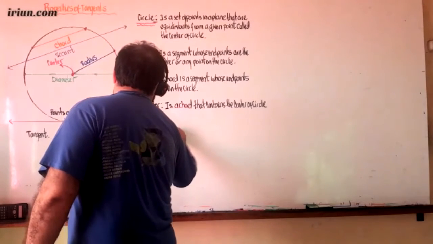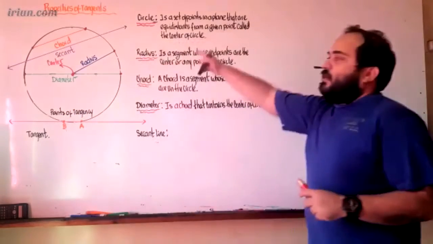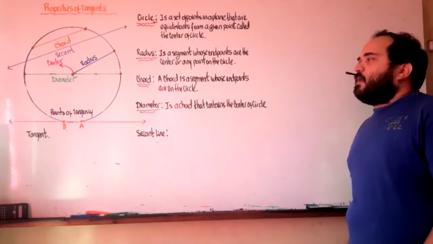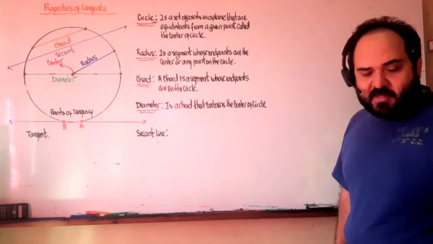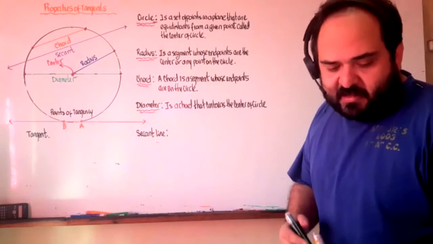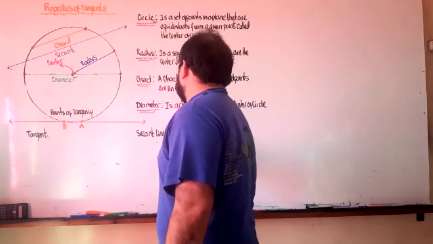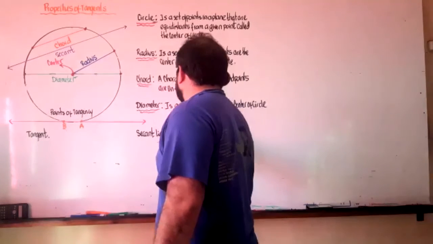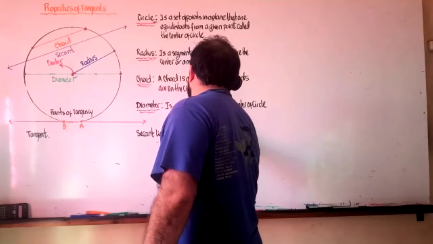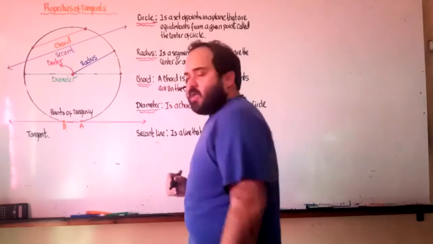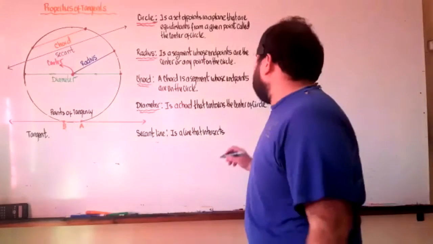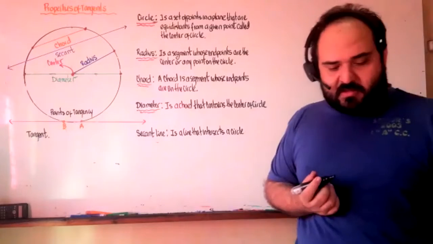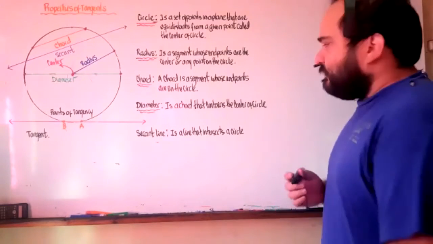The secant, or la línea secante. You can see the difference obviously when you see the picture in the problem, okay? The secant line is a line that intersects a circle in 2 points.